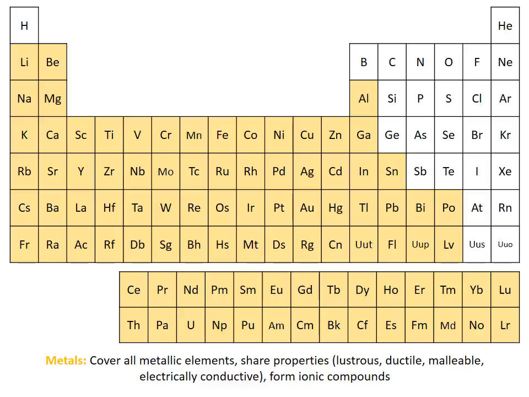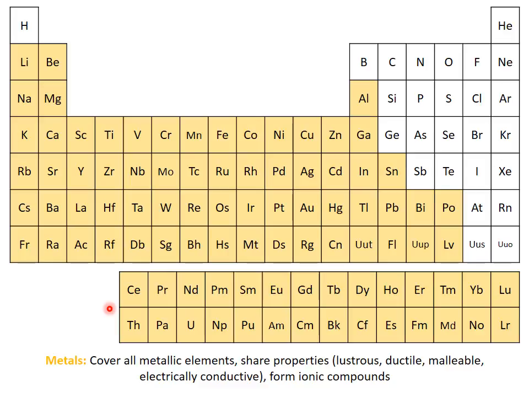The next way we divide up all the elements is metals versus metalloids versus nonmetals. The metals covers all of the metallic elements. That includes most of these first 13 groups, as well as a handful of the heavier elements in groups 14, 15, and 16, and it includes the lanthanides and the actinides.